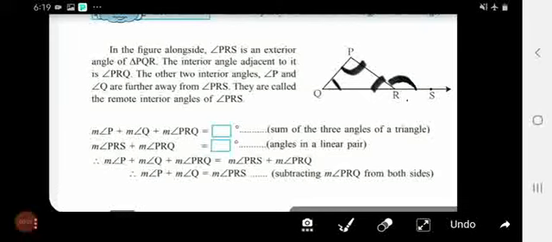R is adjacent to PRS, so the remaining two are P and Q. These are said to be remote interior angles. So their addition is nothing but the measure of the exterior angle. This is the property of the exterior angle of a triangle.